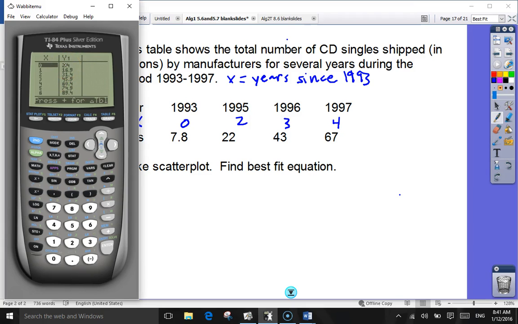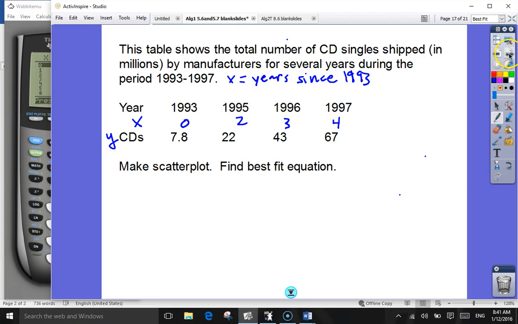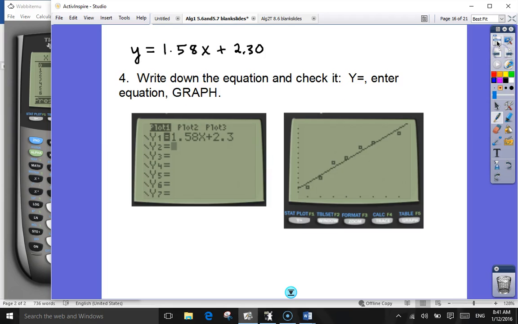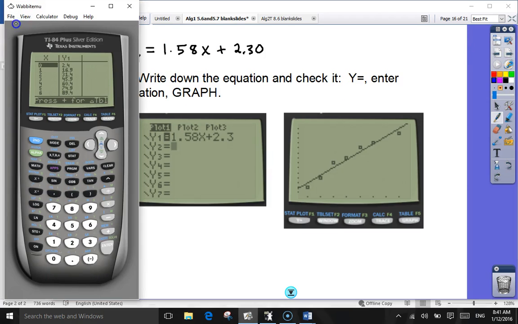That is the calculator solution. It looks like it's 16.8. No, 16.9. Yeah, I can't read it.